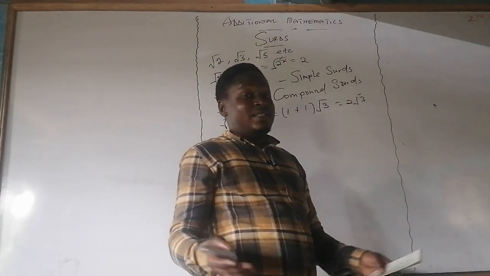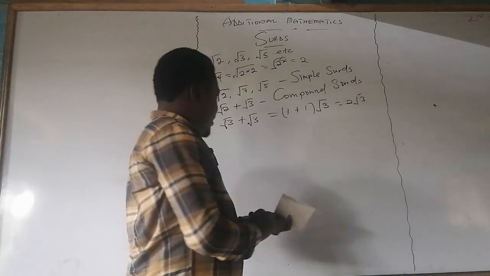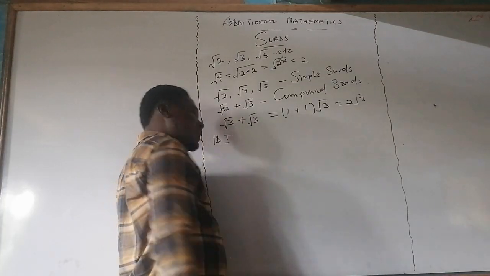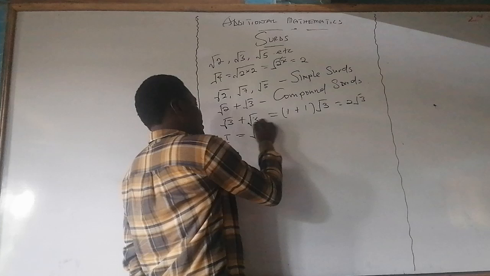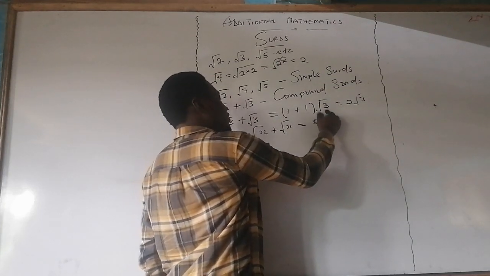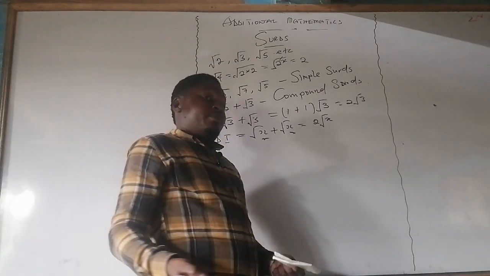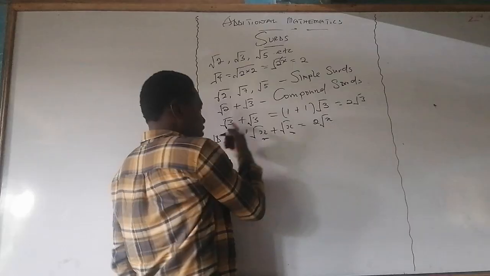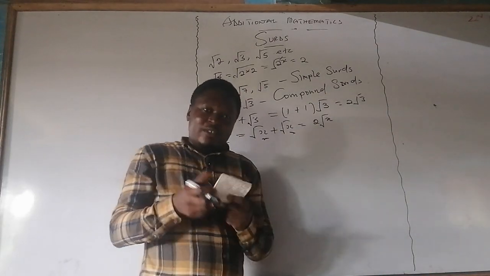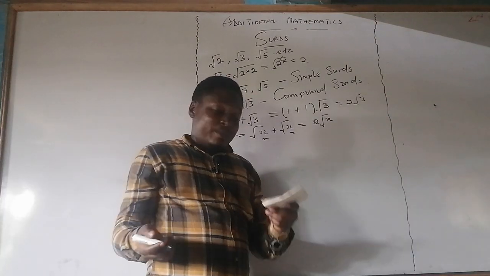Identity 1, which I'm going to label ID1, says that the square root of x plus the square root of x is equal to 2 square roots of x, provided that whatever is inside them is the same. So literally, the square root of 3 and the square root of 3 is 2 square roots of 3, provided whatever is inside the square root is the same.